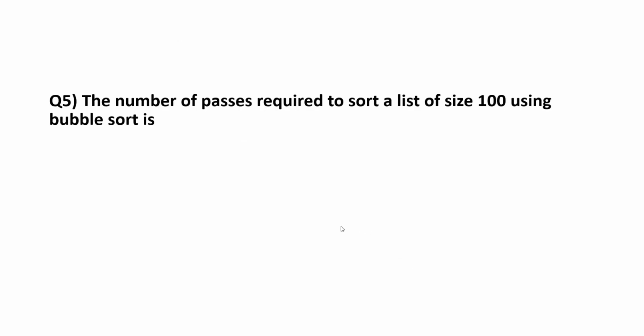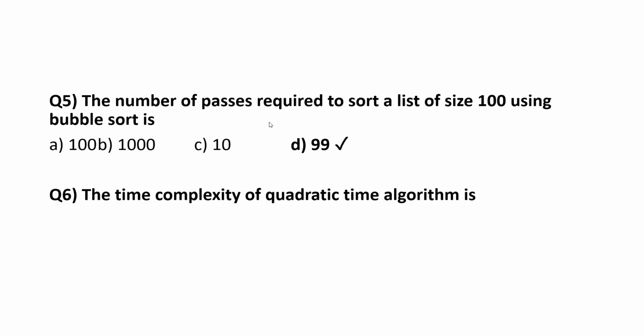Next we move on to 2 marks questions. The next question is: the number of passes required to sort a list of size 100 using bubble sort is. Again the question is repeated: 100, 1000, 10 or 99. The answer is 99.